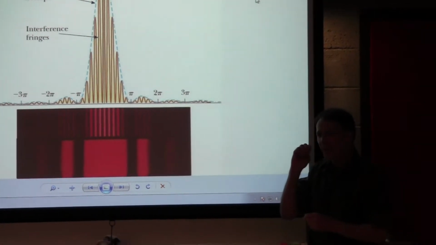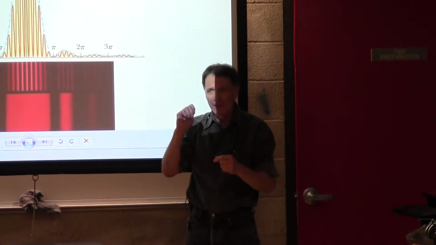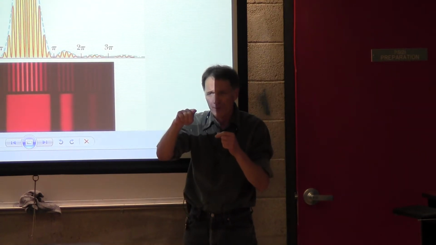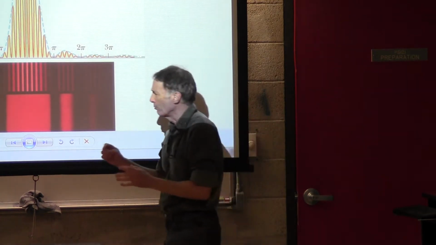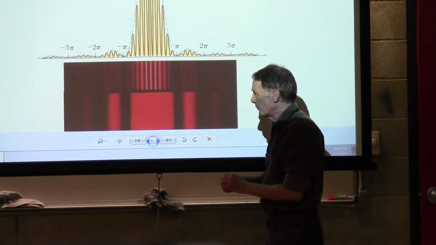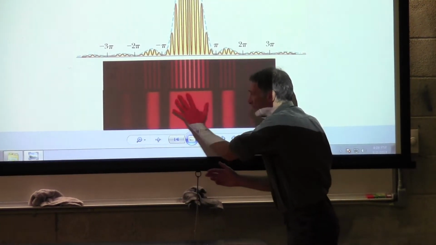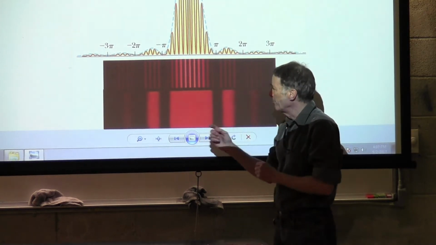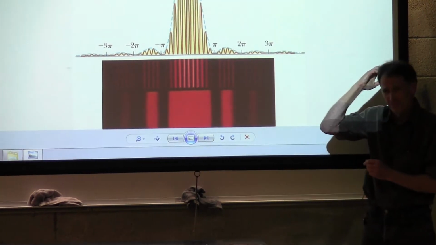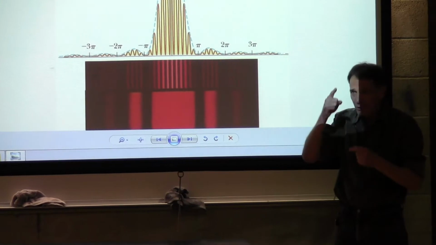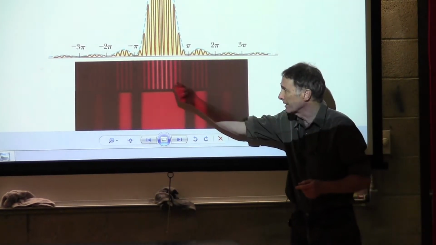Now, what's weird is, you would think that if the photon went through the left slit, it would look a little like this, and if it went through the right slit, it looks like that. So the two on top of one another should look something like this. But we get this interference pattern. So if it goes through one slit, it's this; two slits, it's this.